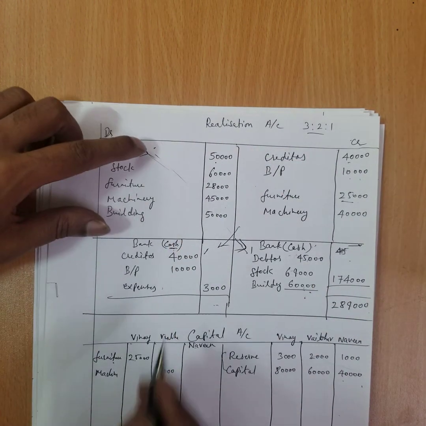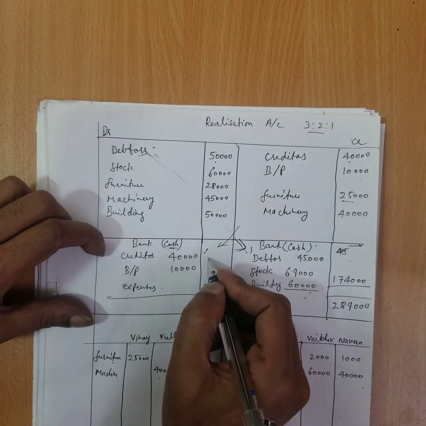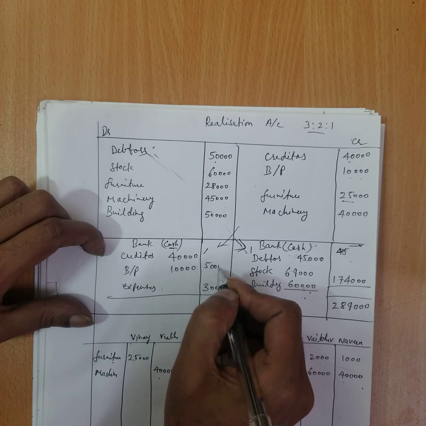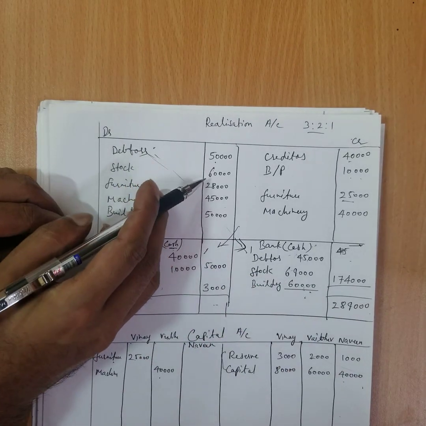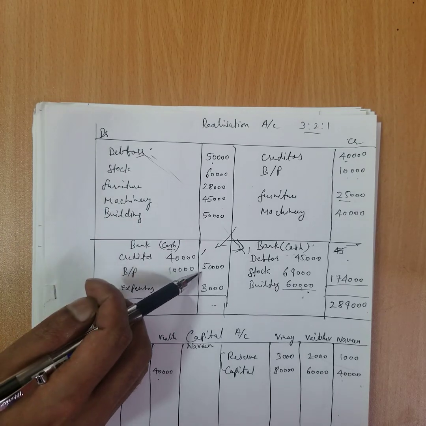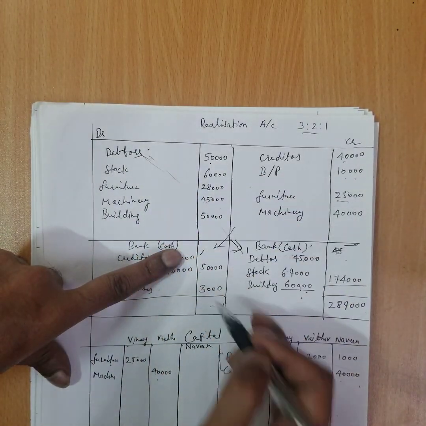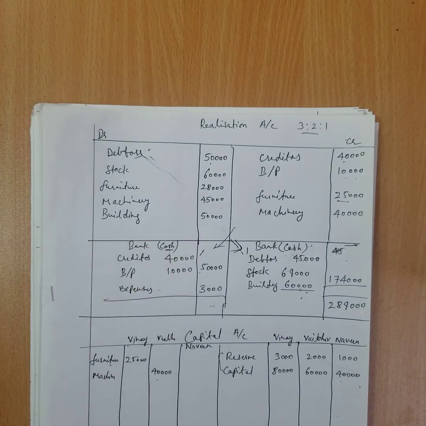We calculate all the things now on this side. First you calculate this one: 40,000 plus 10,000 will be 50,000. So now we calculate 50,000, 60,000, 28,000, 45,000, 50,000, 50,000. 1,33,000. If you calculate all this, how much is it coming?